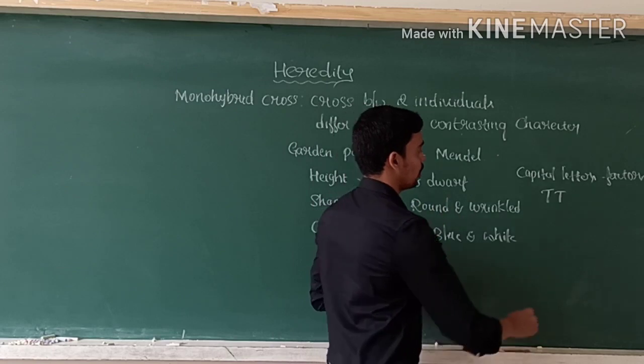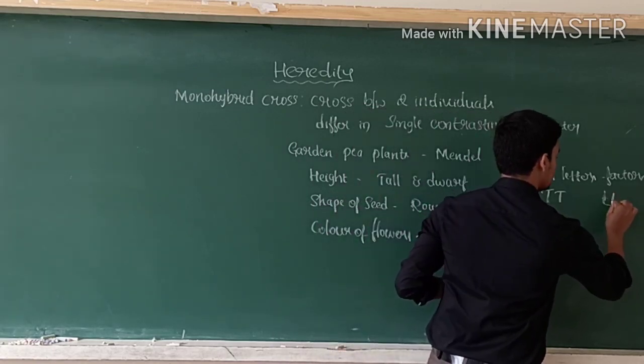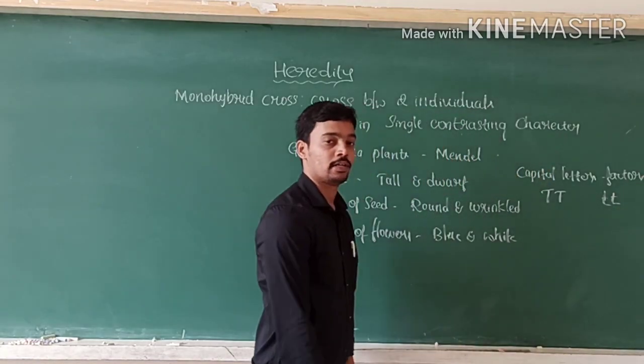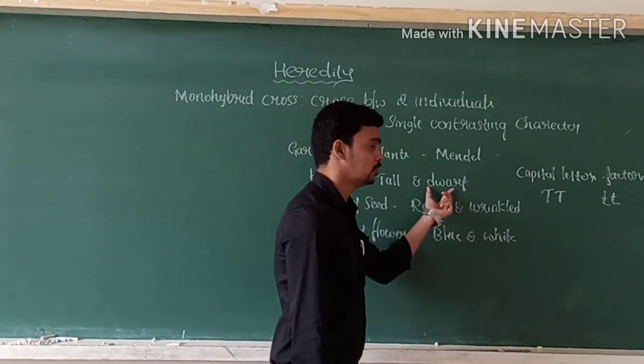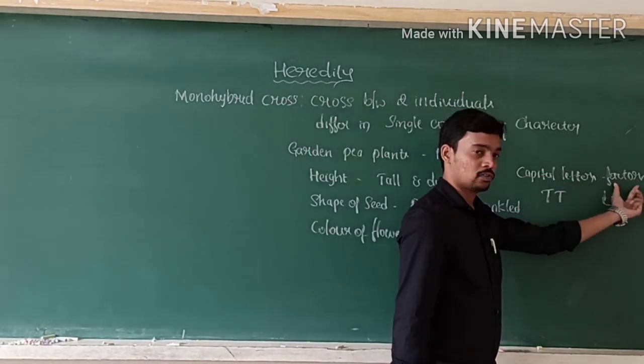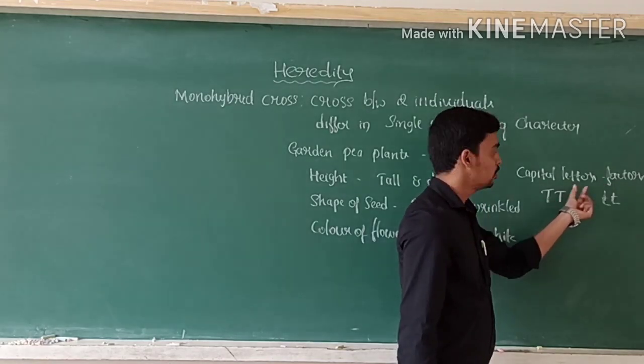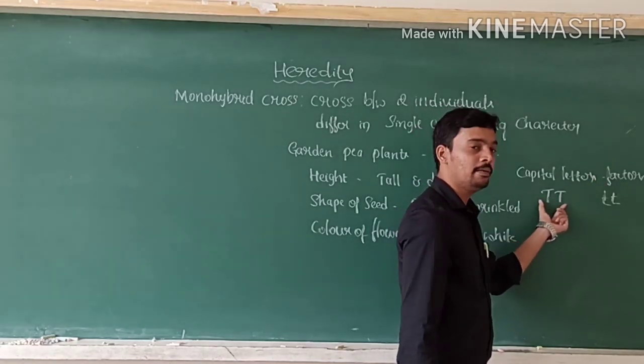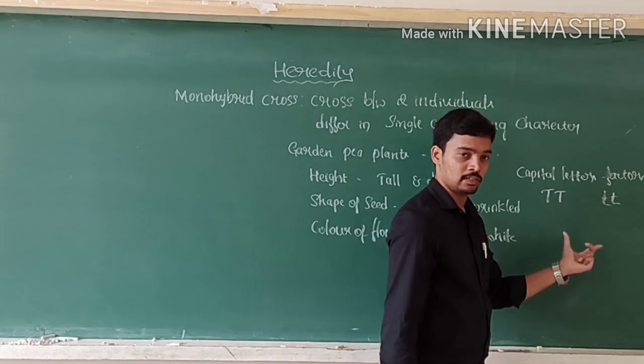For the dwarf, the opposite form, small t, small t. Each contrasting form is represented by two factors. A single character is represented by two factors.